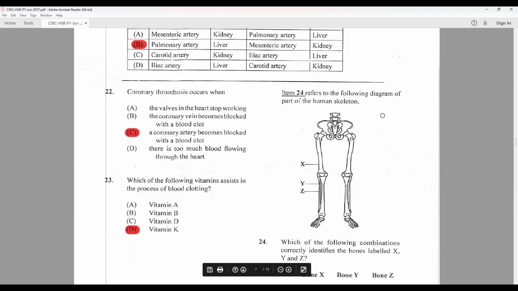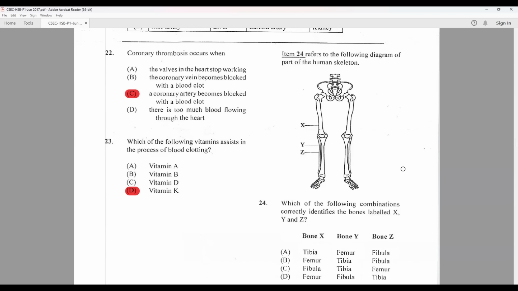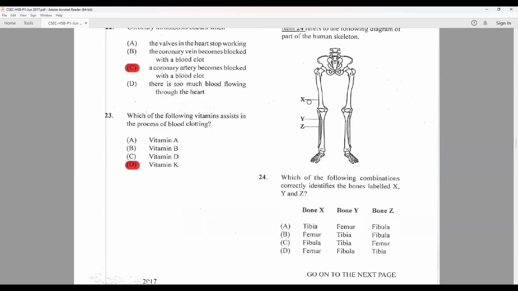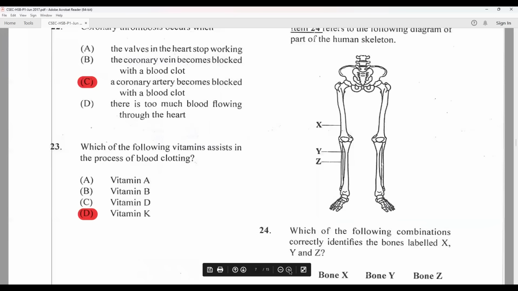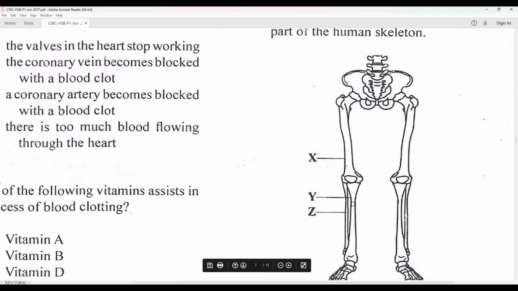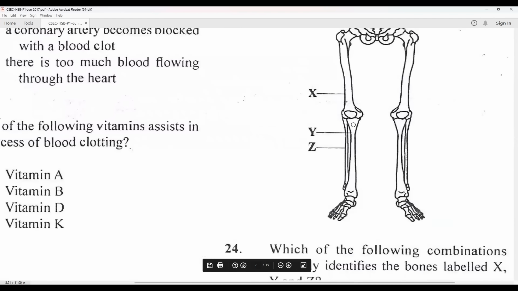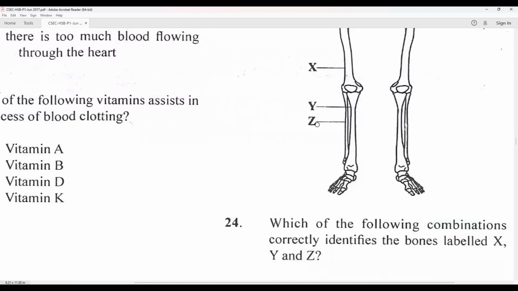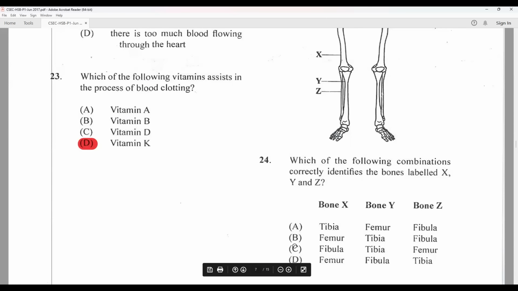Item 24 refers to the following diagram of part of the human skeleton, and be careful to watch the label lines. Do not mix up Y and Z. Notice that Y is going to the thick bone, which would be your shin bone, and Z is going to the thin outer bone. Be careful not to mix that up.